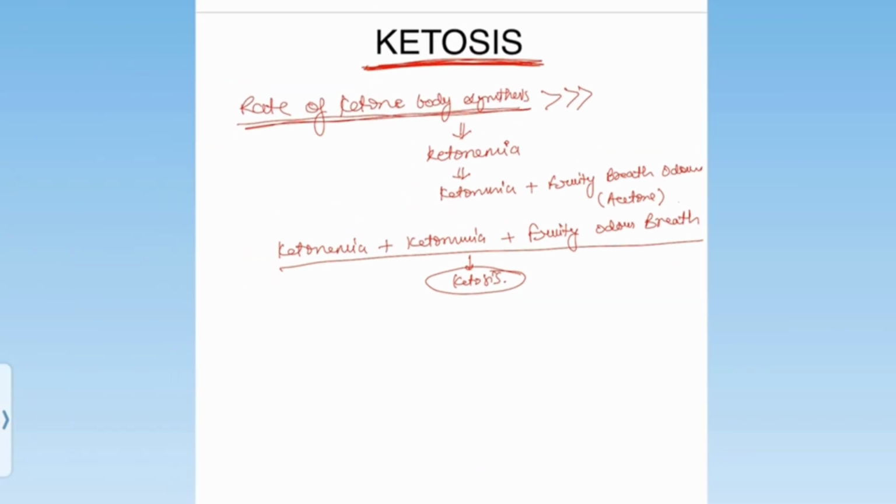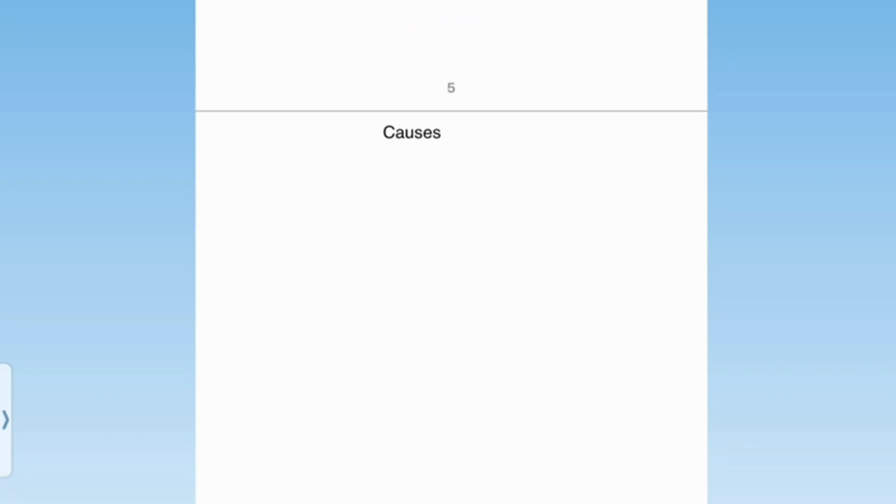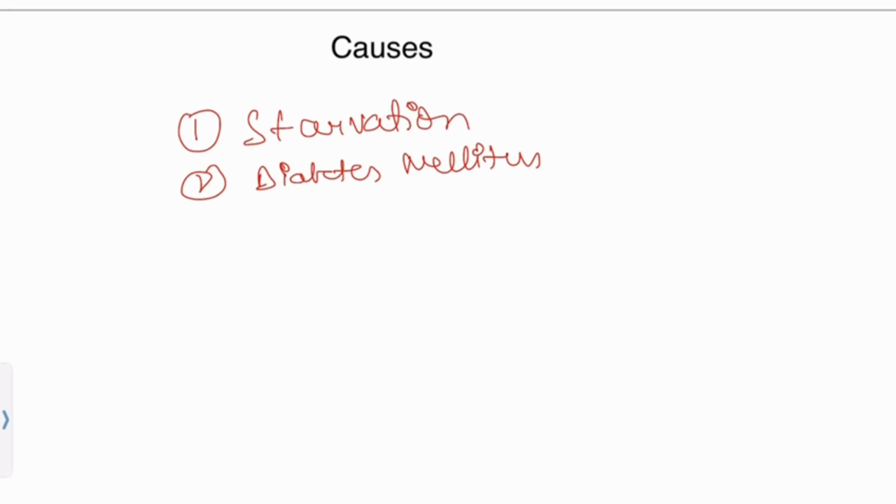So now the question arises: what are the causes? First is starvation, we have already studied, and next is diabetes mellitus. We know that in diabetes, there is enough glucose, but it cannot be utilized because of deficiency of insulin.